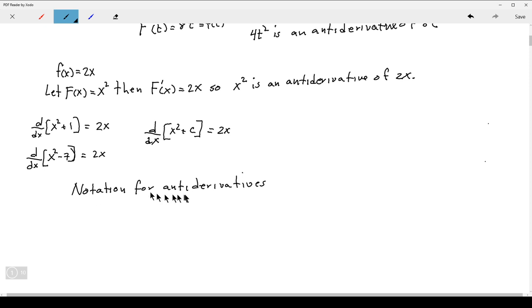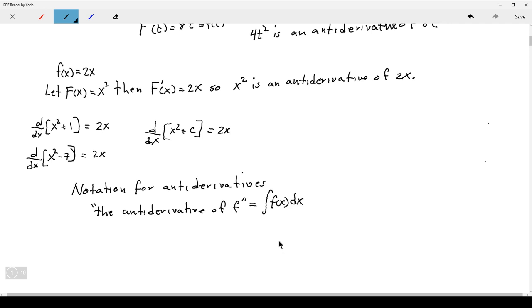The notation for antiderivatives: this is the phrase we're translating, antiderivative of f. We say this. The antiderivative is this curly bracket notation here. And then we say f of x dx, and I'll explain that dx in a minute.